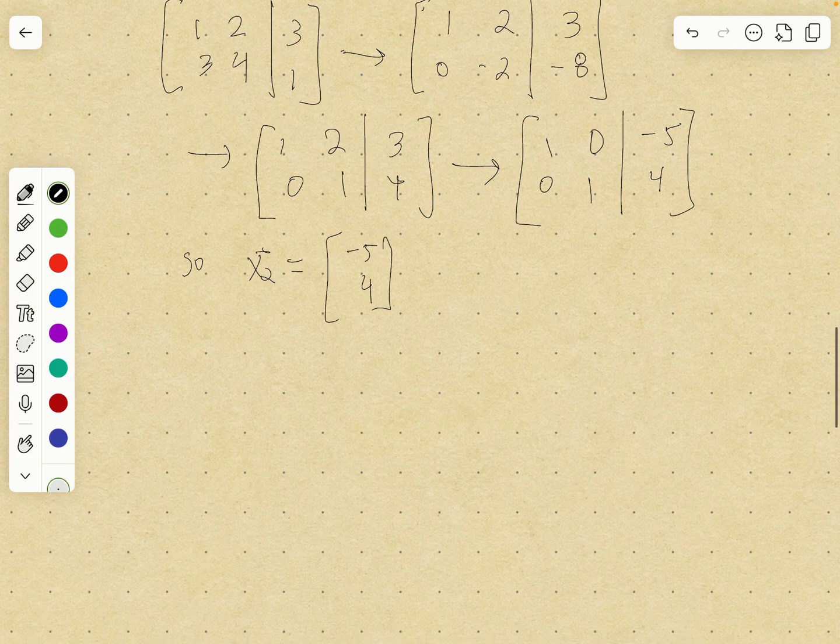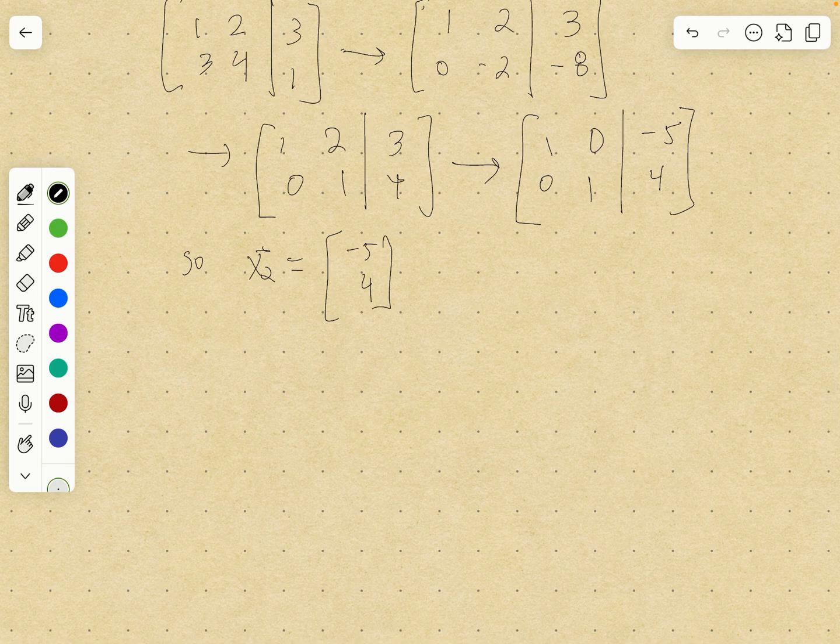So what we could do to save time is, before we had one column, augment A by b1, and then you augment A by b2, but we can augment A by 2 columns. We can augment A by b1 and b2.